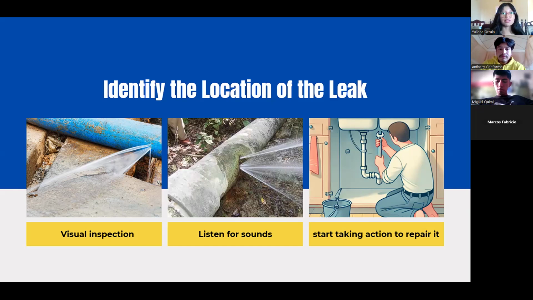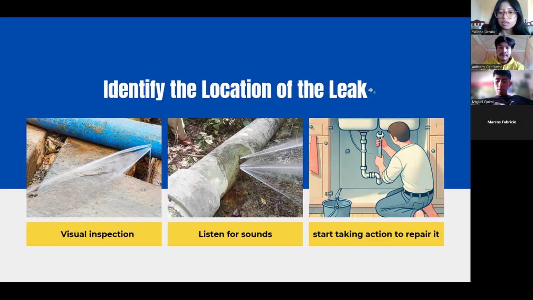Maybe you can suppose that the problem is new. Now, the second step is to listen for sound. You can put your ear near the pipe and touch it with some material, so you can find where the damage is.